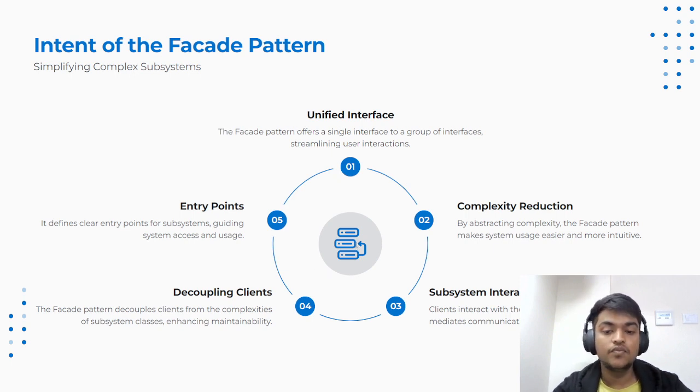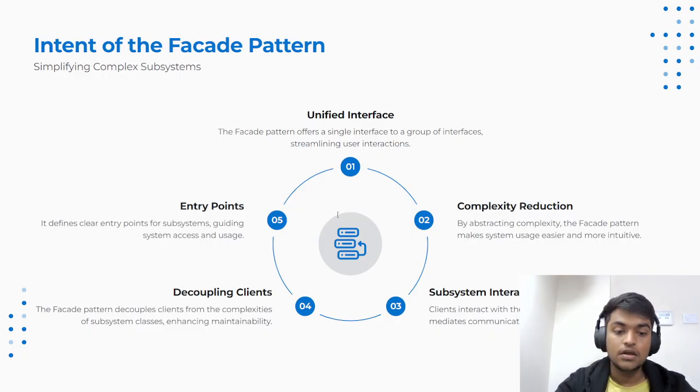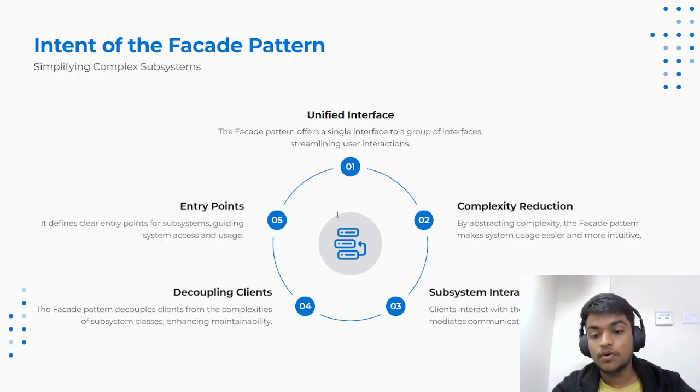Another example we can think about is a cloud computing platform, where the system must handle storage, compute resources, and networking together. The facade provides developers with a simple interface to deploy applications or manage infrastructure, while the platform handles the heavy lifting in the background.